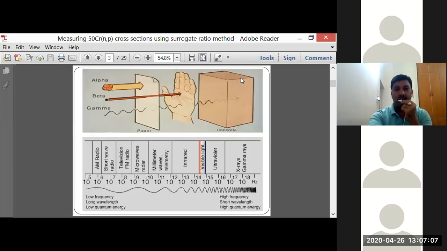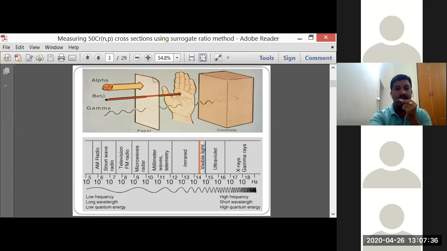So I hope you all are familiar with this picture. If you see the first segment, you see alpha particle, beta, gamma, and the fourth one is neutrons. So we are going to talk about how an alpha particle behaves when it enters the material, how beta behaves, gamma behaves, or neutron behaves.